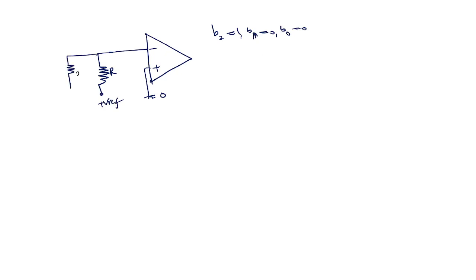Then this is 2R. This is 0, that means it is connected to ground, that is 0 volt. Then this is 4R. This is also connected to 0 volt. This is plus V reference, and there is V naught. This is RF.